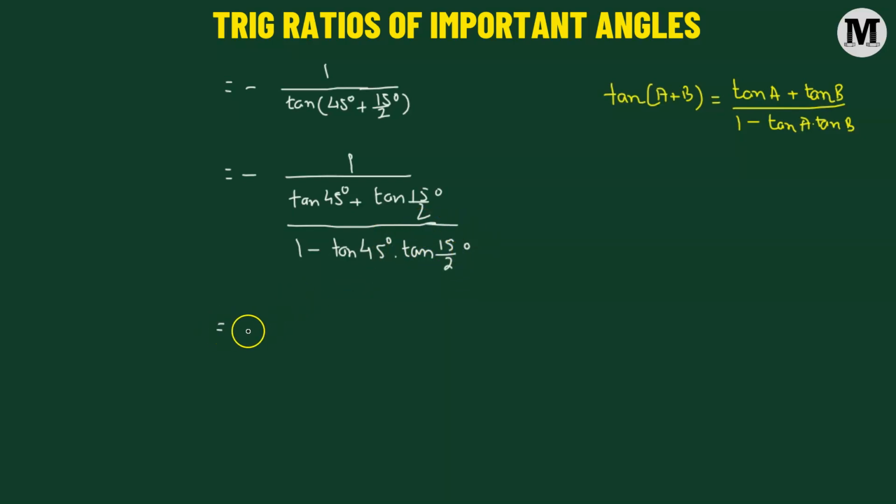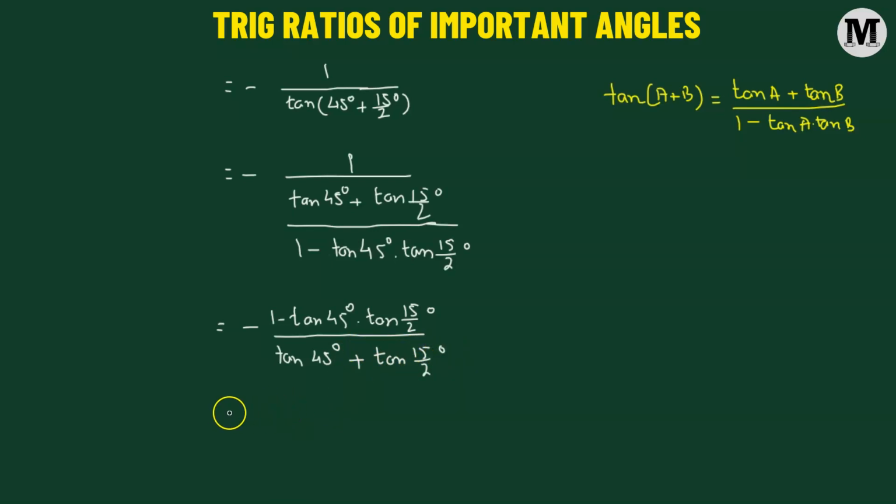Fine. So this will be equal to negative of 1 minus tangent 45 times tangent 15 over 2 in the numerator, divided by tangent of 45 degrees added to tangent of 15 over 2 degrees.